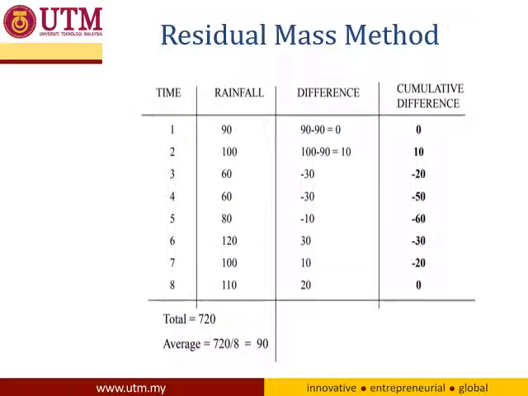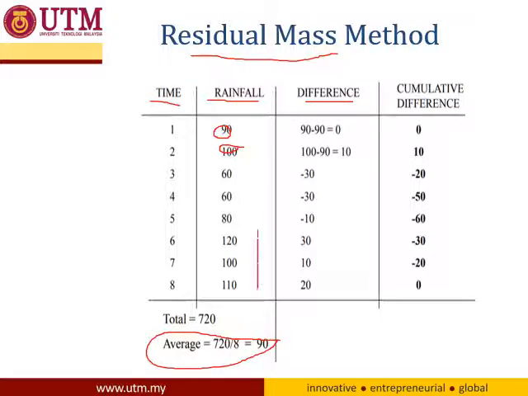Okay, what else we can do is use the residual mass method. You have the time, you have your rainfall data. What you do is you get the difference between each rainfall data against the average of all the data. The average of all of this, you get 90 here.